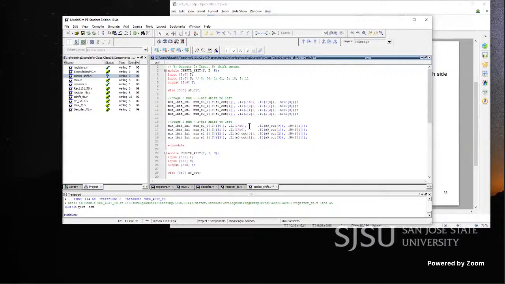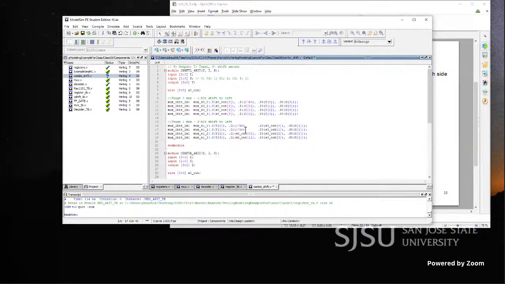Similarly, in the second stage, since it is a 2-bit shift to the left, if it is no shift, whatever is incoming goes out. But if it's a shift at this stage, we need to shift by 2 bits. That means multiplexer 2 has to be connected with the 0th incoming bit, S0 out 0, and S0 out 1 to the next bit, with the first 2 LSBs becoming 0.